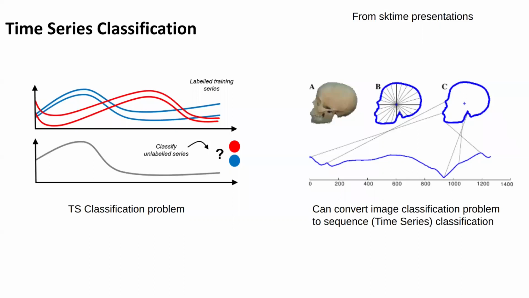So this is an example where you can do image classification and convert it into a time series method. If you have a skull, or the spear of an arrow, you can trace the outline of your object, doing a radial outline, and then instead of a picture, you now have a sequence, so you can use time series methods on it.